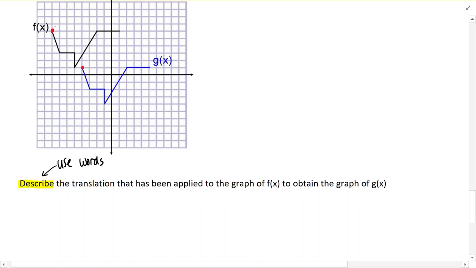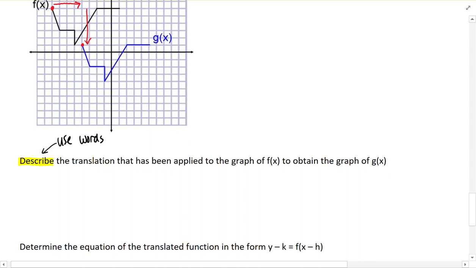And as you can see, we have moved 4 to the right, and then you have moved down, 1, 2, 3, 4, no, sorry, 5 down. So let's just write that into words.